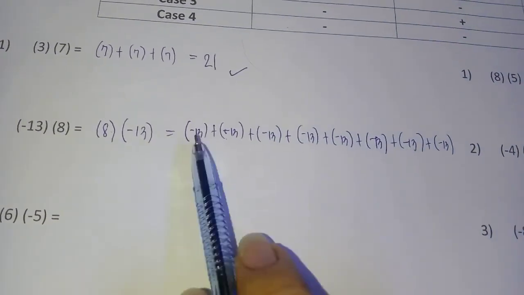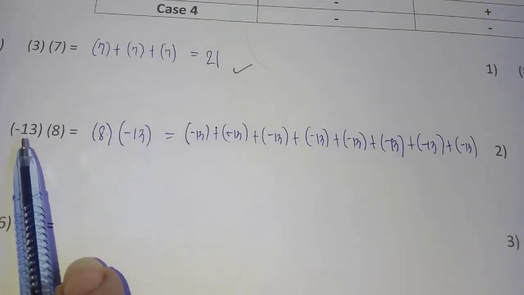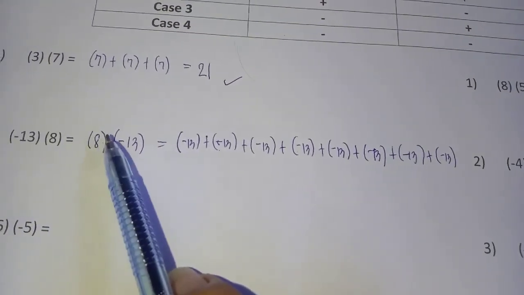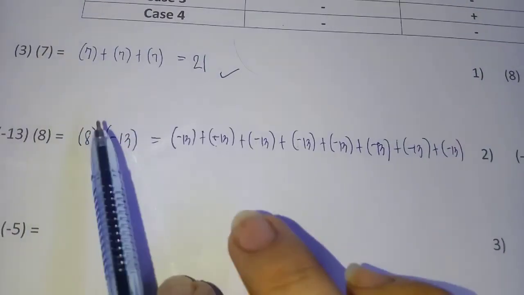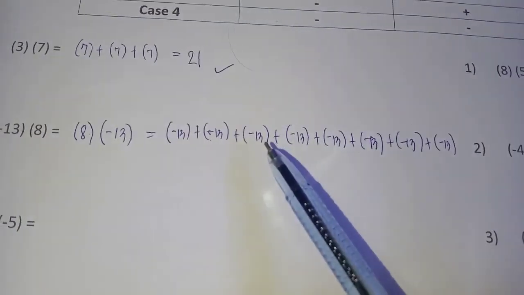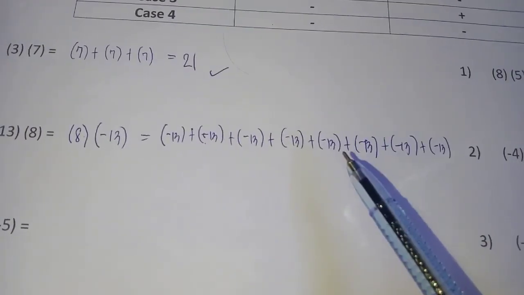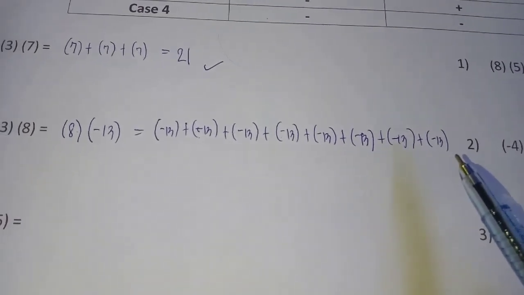So we have 8 negative 13s. So again, negative 13 times 8 is also the same as 8 times negative 13. That is by commutative property of equality. Or it is also the same as negative 13 added eight times.